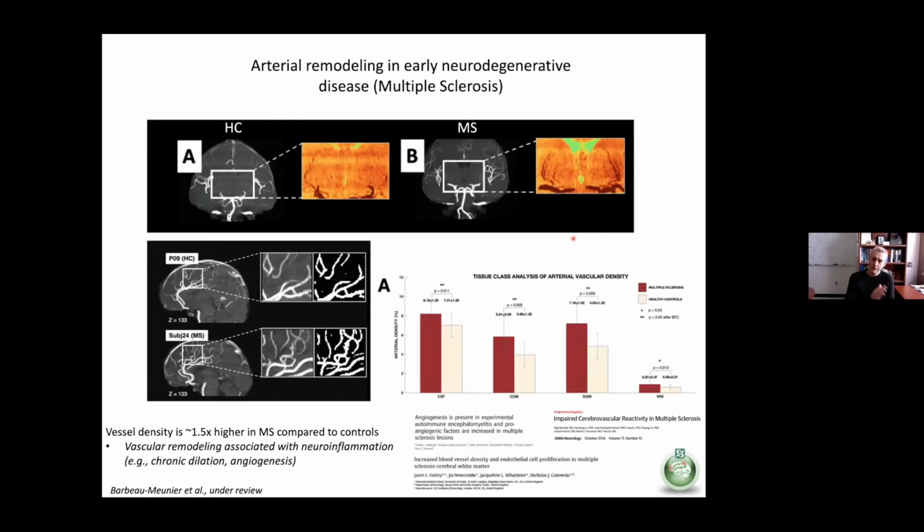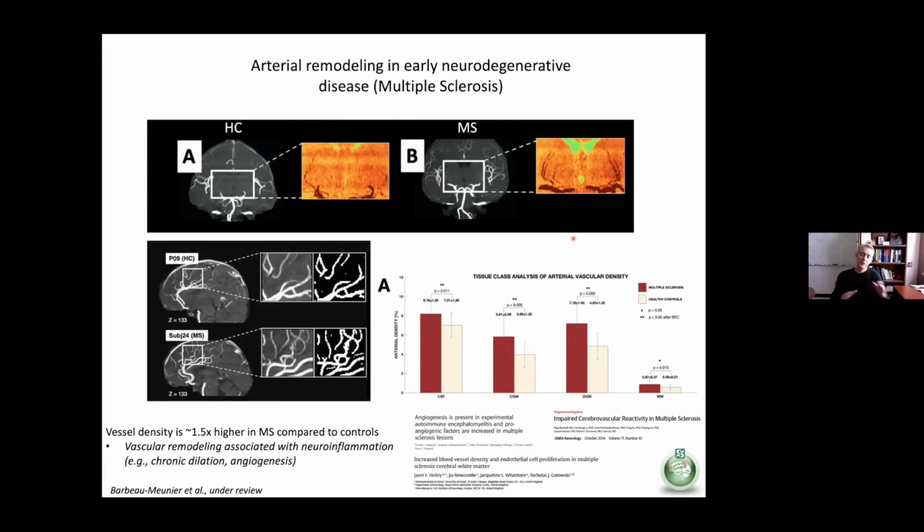So then we slowly started creeping into the arterial side. So we said, well, okay, blood vessels affect BOLD. Let's look into different pathologies. So this is work from my PhD student, Charles-Antoine Barbeau-Meunier, who mapped arterial vessels in healthy controls and young women with multiple sclerosis, being a state of chronic inflammation. And what we found is that we could see more blood vessels in the multiple sclerosis image than in the healthy controls.